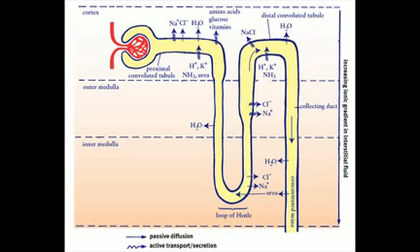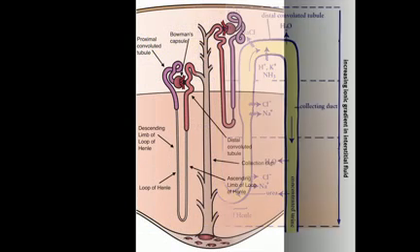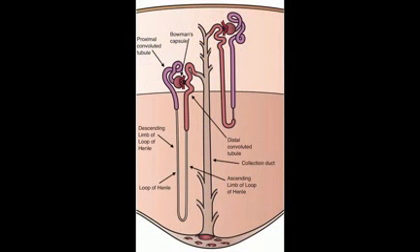When the filtrate containing useful substances as well as waste substances passes through the tubule, the useful substances like all glucose, all amino acids, most salts and most water, etc.